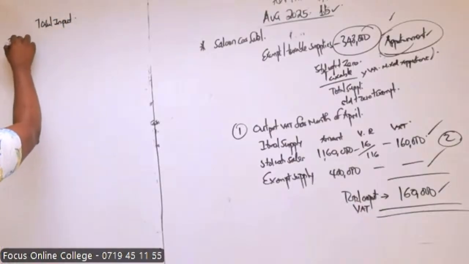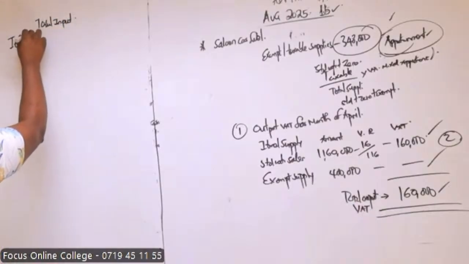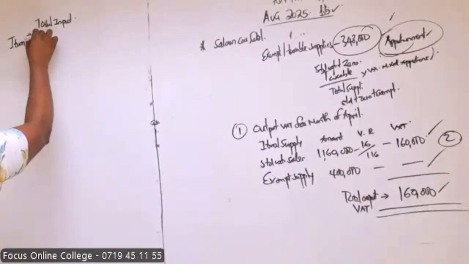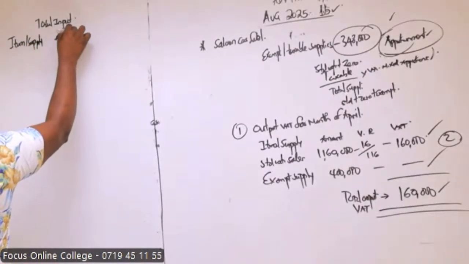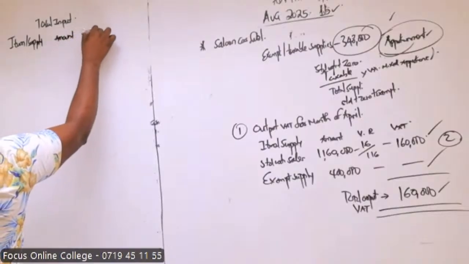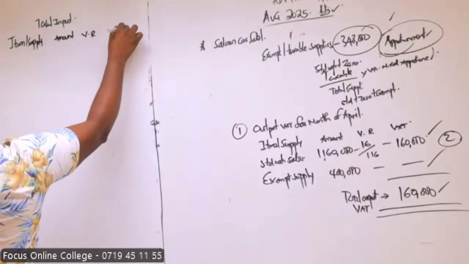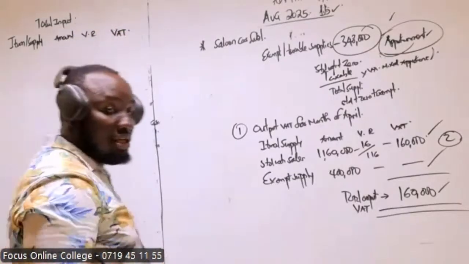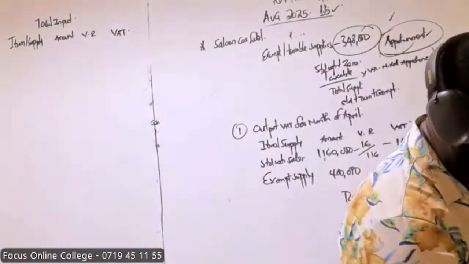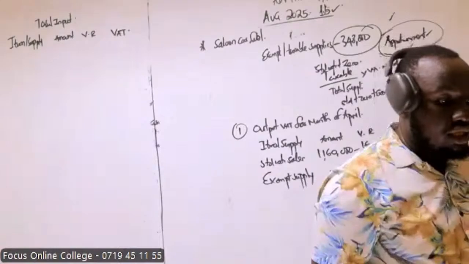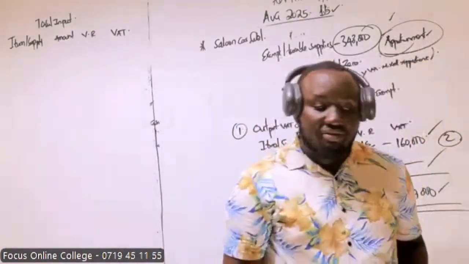So we have items, what we call supplies. We have the amount, the VAT rate, and then the VAT.